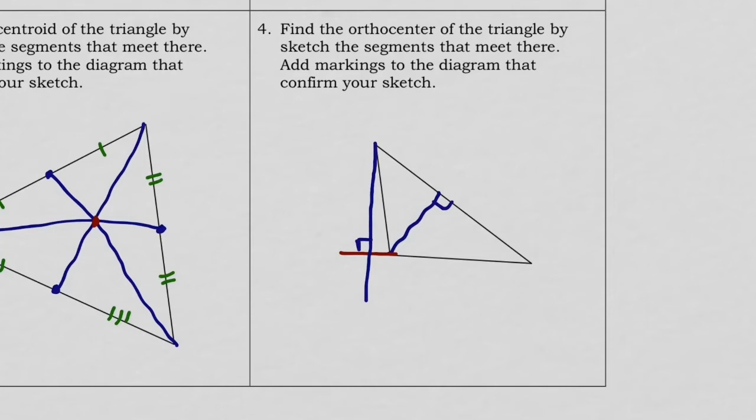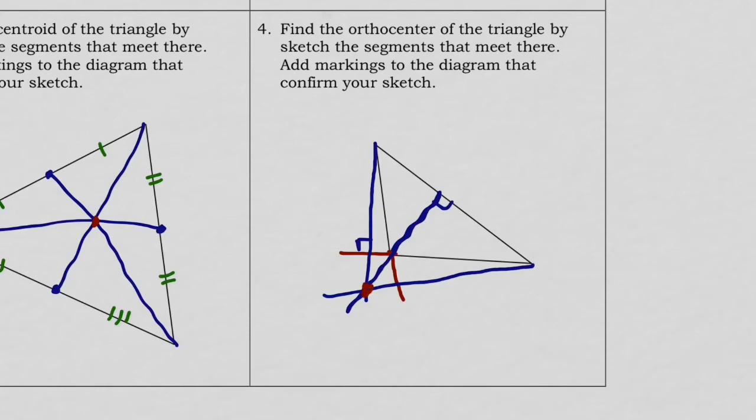In a similar way, the altitude from this vertex will also be outside of the triangle. Extending this side, I'd like to draw a line from this vertex that's perpendicular to that side. And finally, let me extend the first altitude that I drew, and we'll see that it intersects.